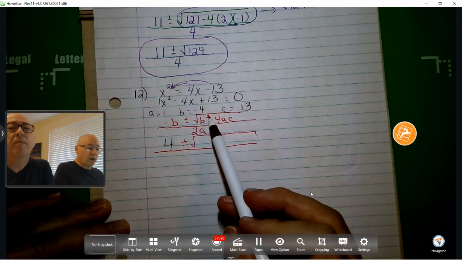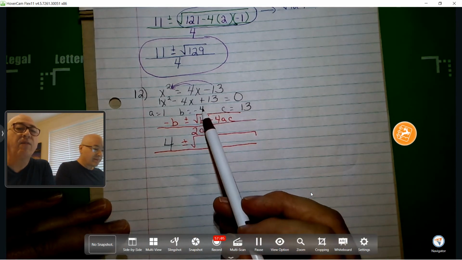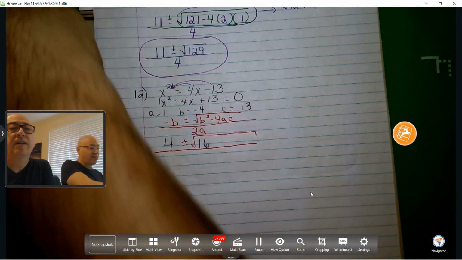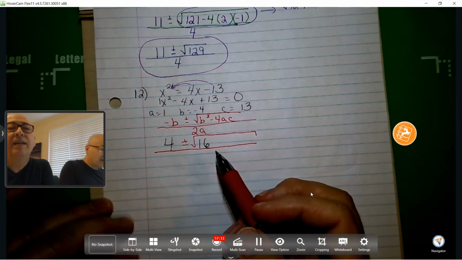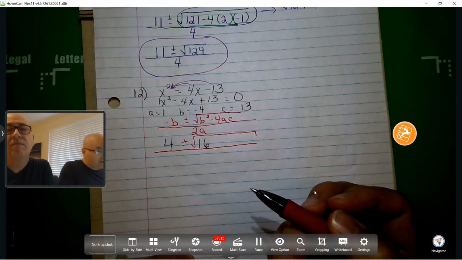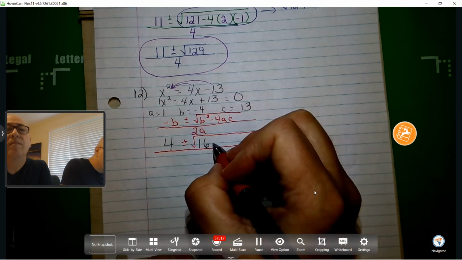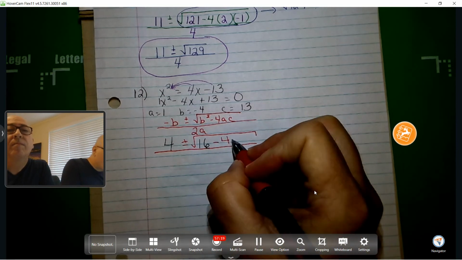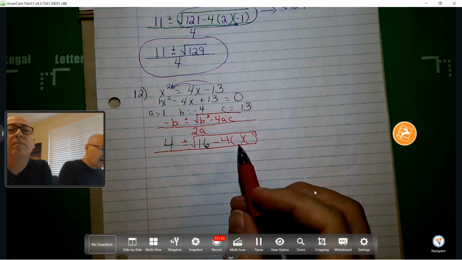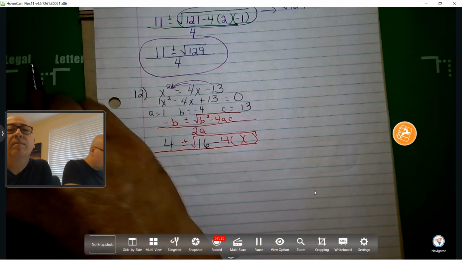And b squared, negative 4 times negative 4, that is a positive 16. Seems like all the problems today, the b values have been negative. But remember, negative times negative is positive. Minus 4 times a times c. A is a 1.